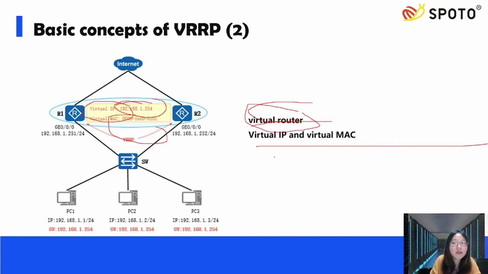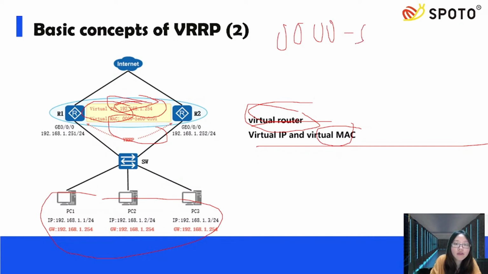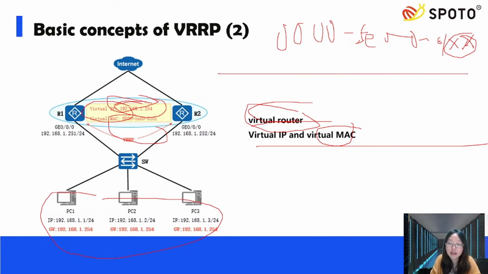Normally, users use this virtual IP as the gateway, and the host will use it as the gateway. The format of the virtual MAC is 0000-5E00-01 followed by the VRRP group number. This is the MAC address format.